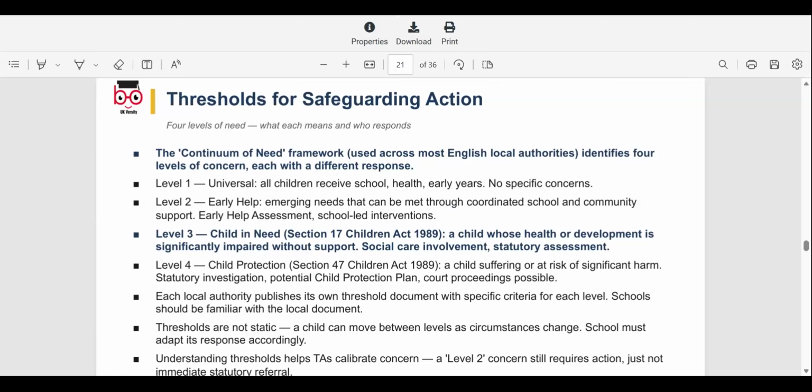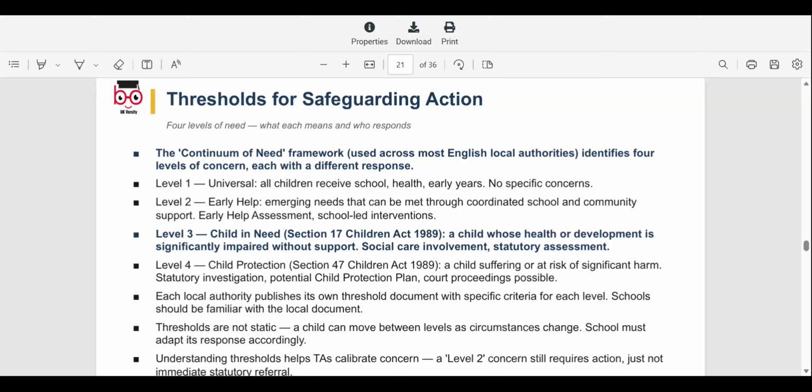Threshold for safeguarding action. There's a continuum of need framework, and it identifies four levels. The first level is universal needs, where there are no additional needs, and children are safe, healthy, and making good progress. Level 2 is universal plus, looking at children with low-level emerging vulnerabilities.